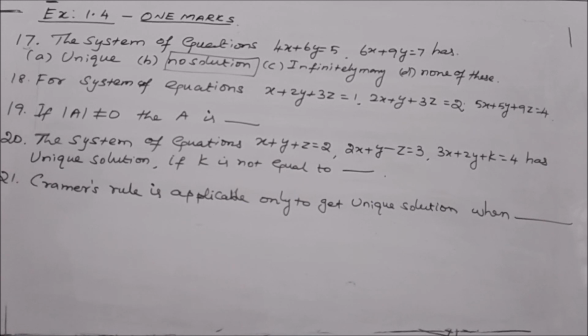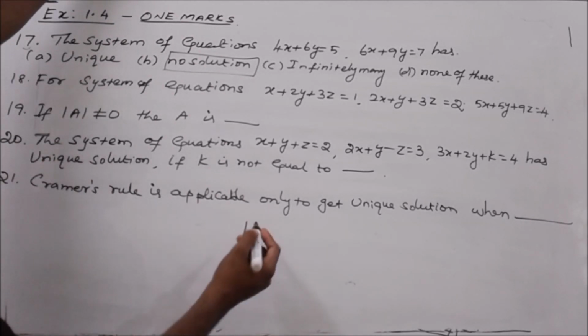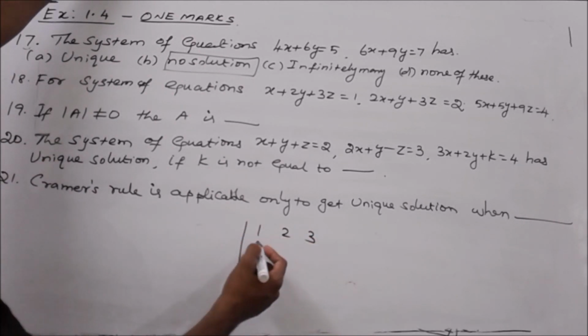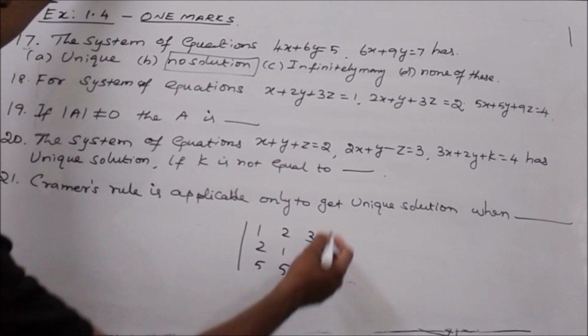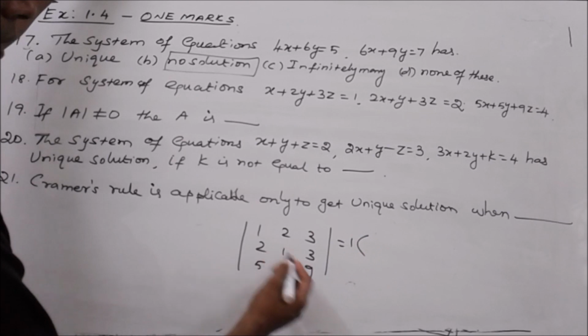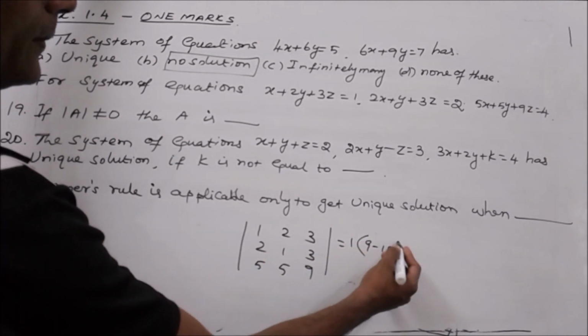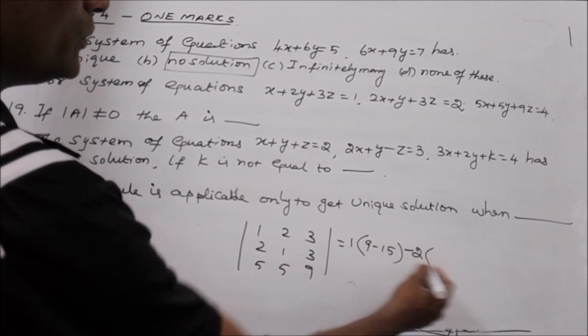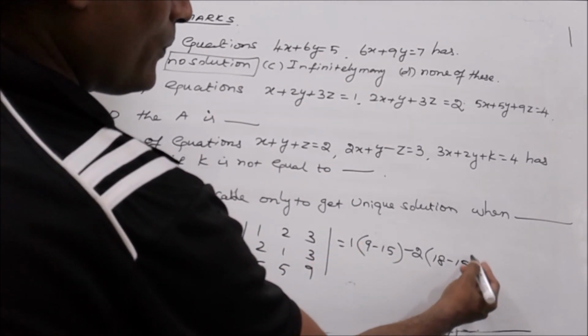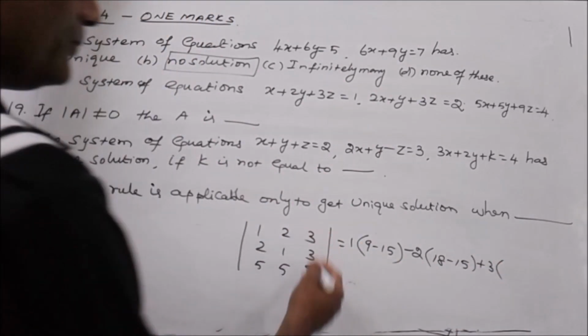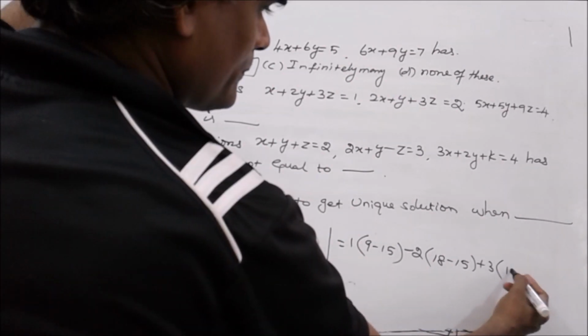If the system follows a unique solution, its determinant value is non-zero. So calculate its determinant value. The determinant of 1 2 3, 2 1 3, 5 5 9 equals 1 into (9 minus 15), minus 2 into (18 minus 15), plus 3 into (10 minus 5).